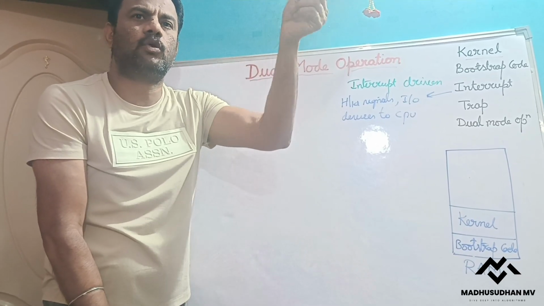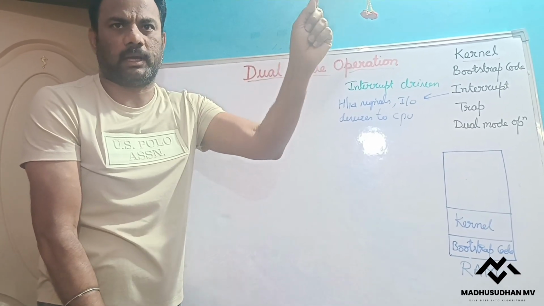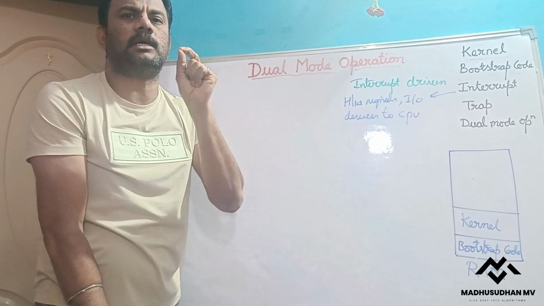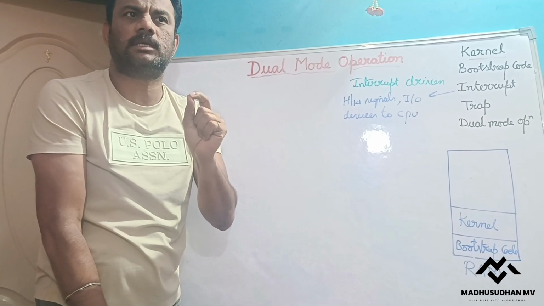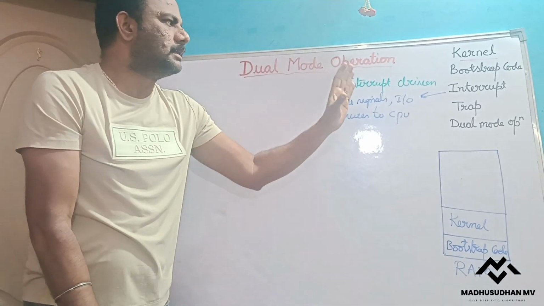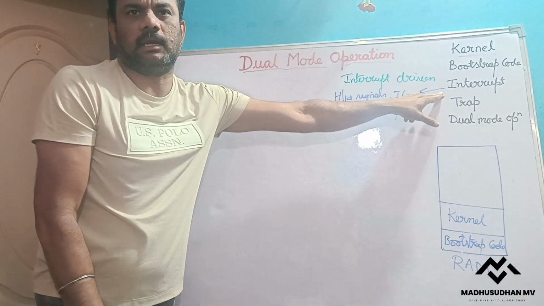That information goes through one separate wire in the control bus. So the hardware signal generated by the IO devices to the CPU, indicating ready for IO data transfer, is called the interrupt signal.